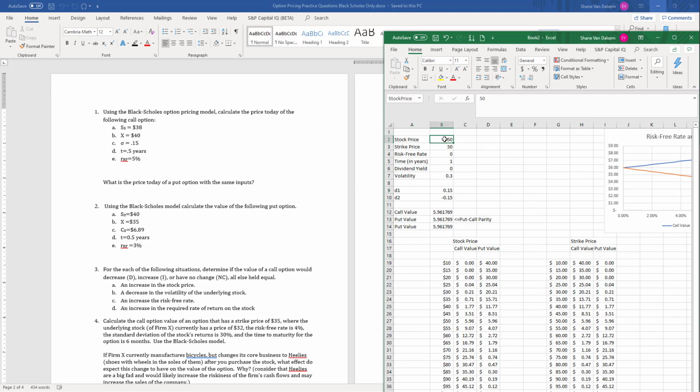So our inputs here are $38 for the stock price, the strike price is $40, the risk-free rate is 5%, the time in years is 0.5, and the dividend yield is 0. There's no dividend. I don't know that I have dividends for any of the exercises here. The volatility is 0.15, and the call value is $1.17.